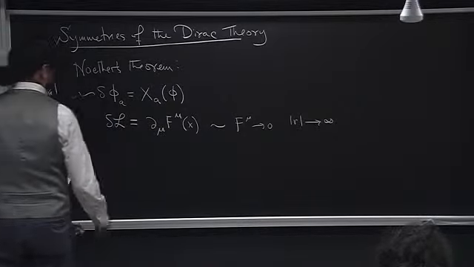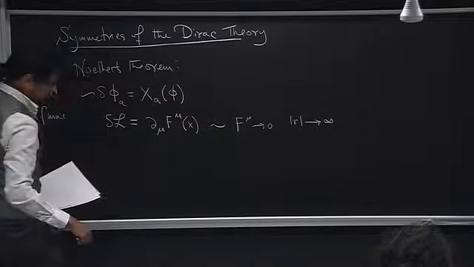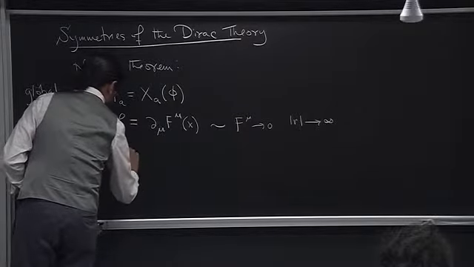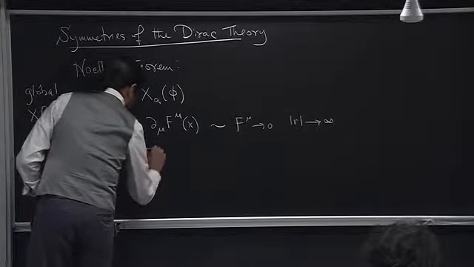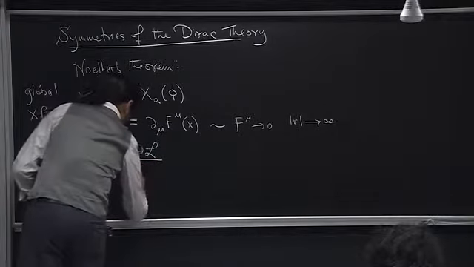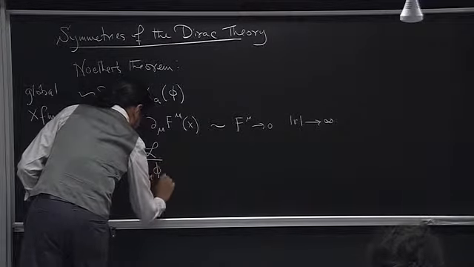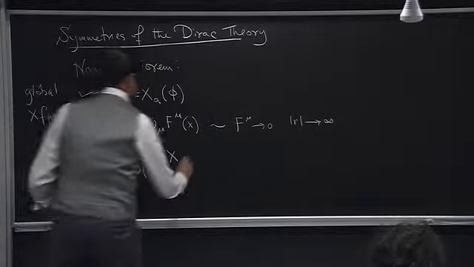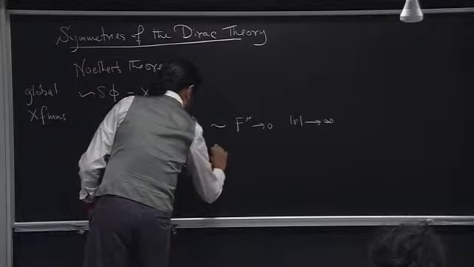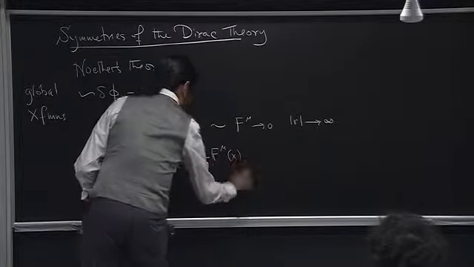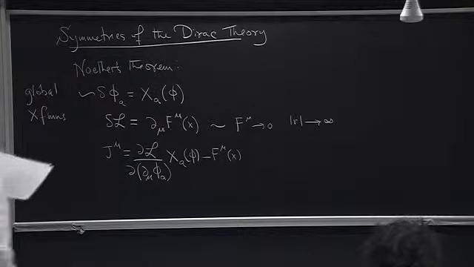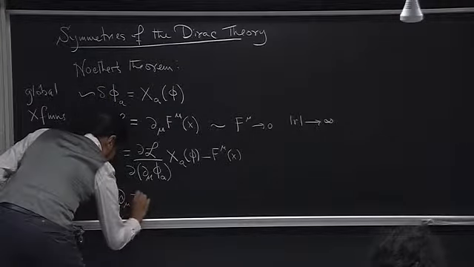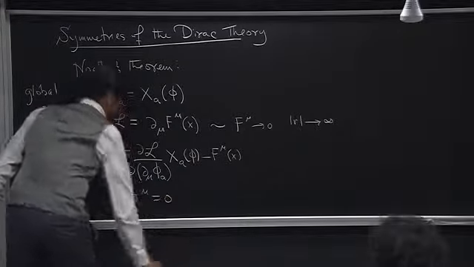Noether's theorem tells us that for each of these transformations, so for each parameter of the transformation, there is a conserved current, J^mu, and the form of the conserved current is given by this. There's an implicit sum over a here. And it also follows that because it's conserved, its four-dimensional divergence is 0.